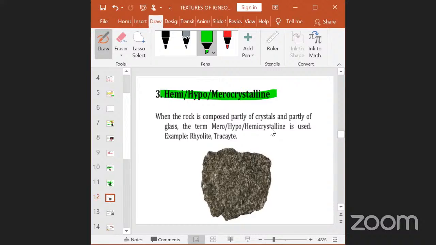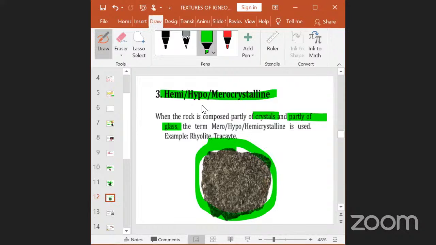When the rock is composed partly of crystals and partly of glass, you see here that crystals and glass are mixed. Remember this term, it is called hemicrystalline, hypocrystalline or merocrystalline.